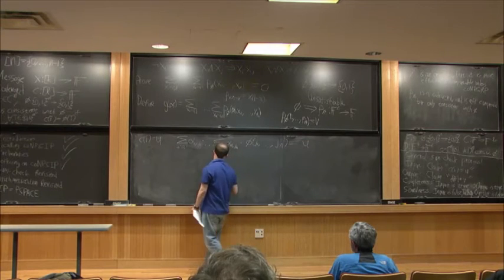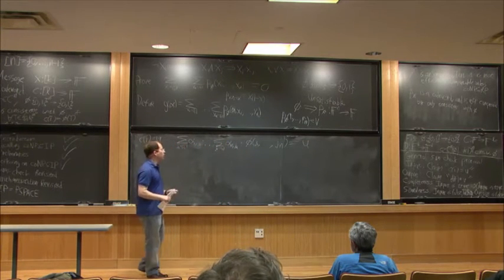Now, why can they do so? Why do we have this scary sum?